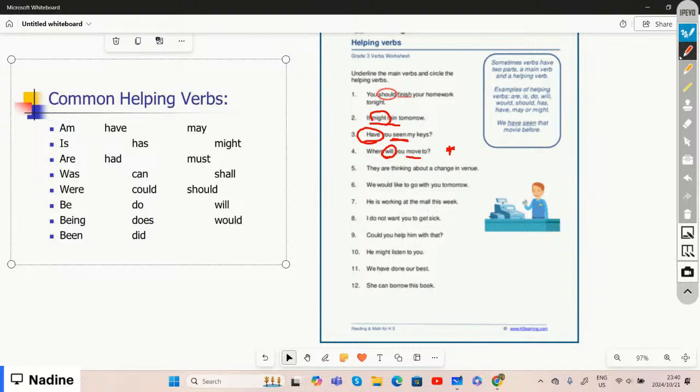And if we were to identify our main verb by number five, it says they are thinking about a change in venue. Then we can say thinking is our main verb.